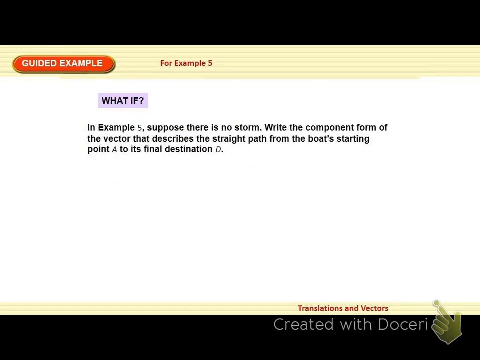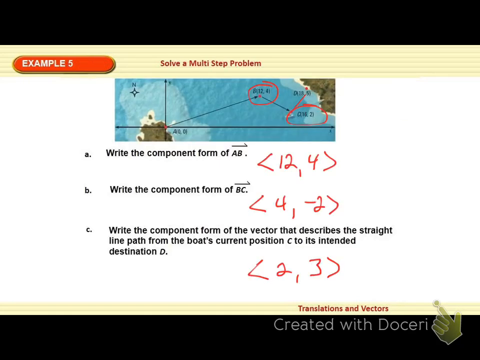And last but not least, in example 5, suppose there's no storm. Write the component form of the vector that describes the straight path from the boat's starting point A to its final destination, D. So now we want to go from A to D, and the component form of that vector would just be 18, 5.